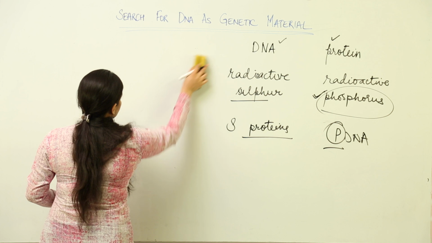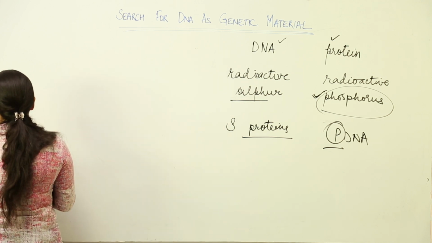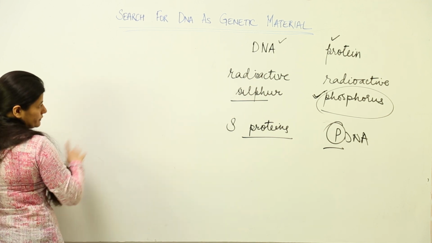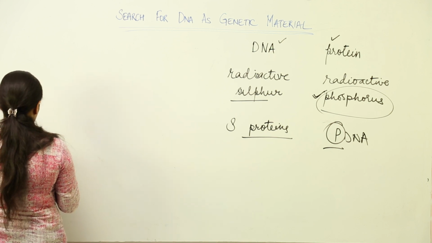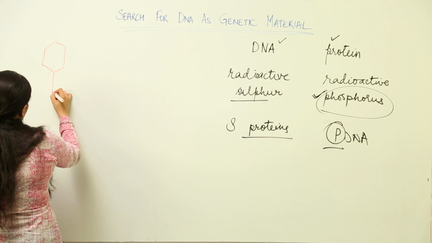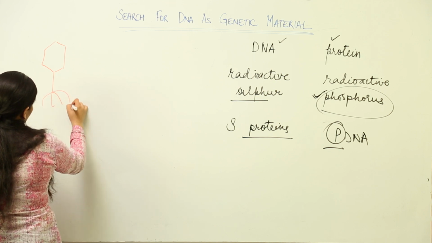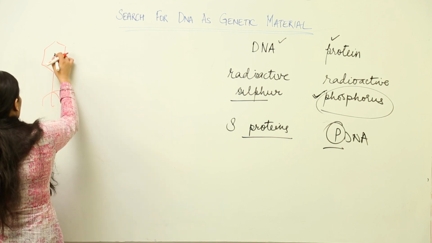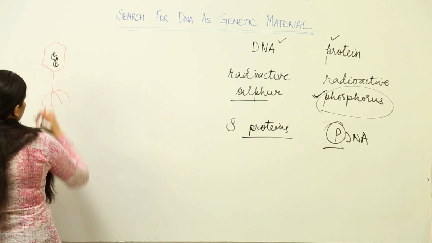Let us take the consideration where we have radioactive sulfur. When there is radioactive sulfur, then we are going to have bacteriophages having radioactive protein coat, right.